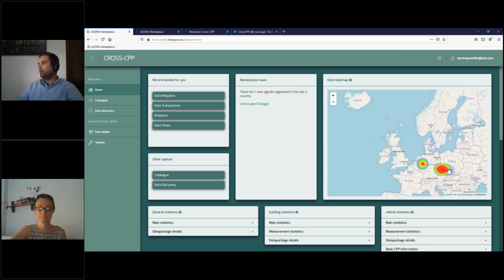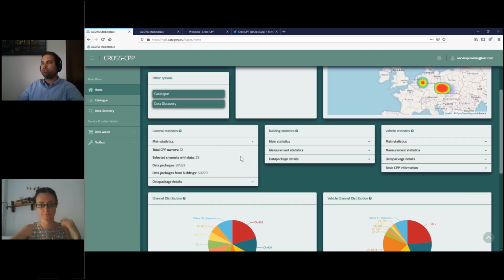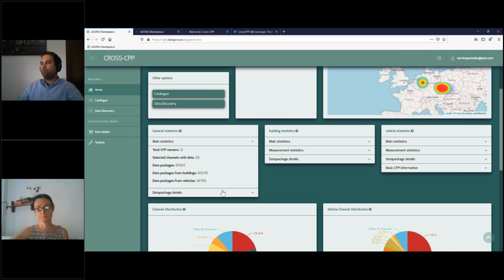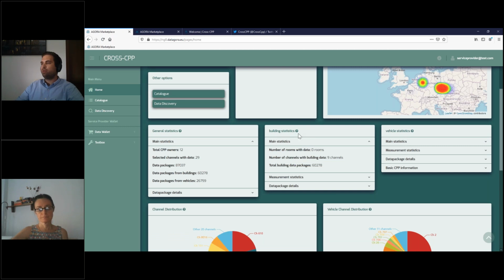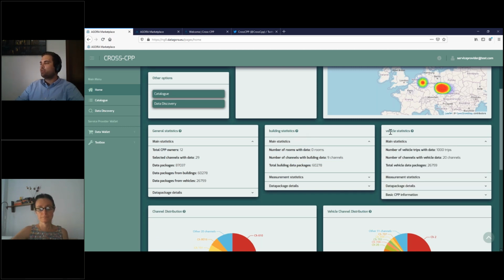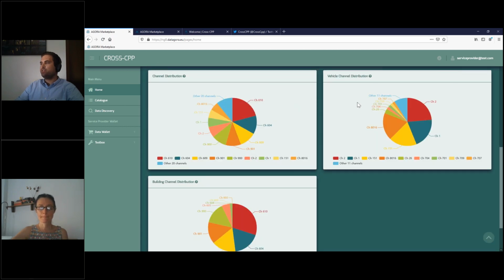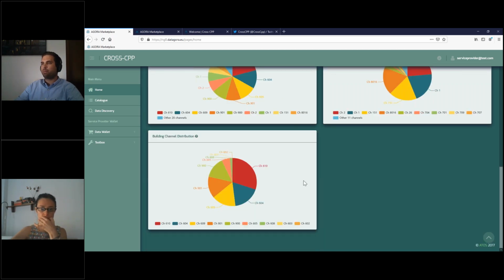Now we have information in Berlin and also in the Czech Republic from buildings of CMS, and also some statistics about the different CPPs we have in place: building statistics and vehicle statistics. In the Gantt chart, we can see the distribution to each of the channels that we will see later in the catalog.